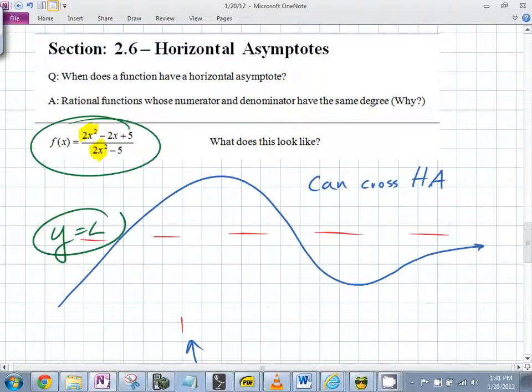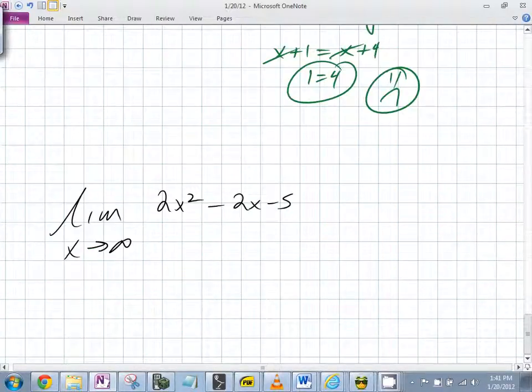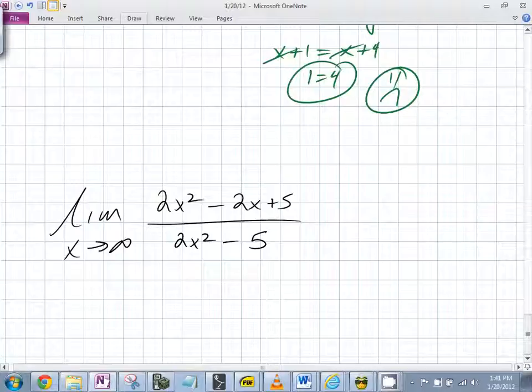So we're really only concerned here because, yeah, 2 times a billion is big, but x squared is so much bigger. If the circled red terms are the only ones that really matter, what's the limit as x goes to infinity? What do you think it is? Nope. Closer.